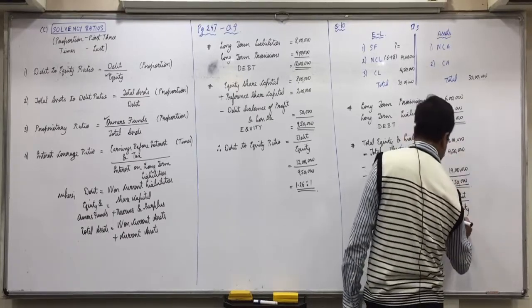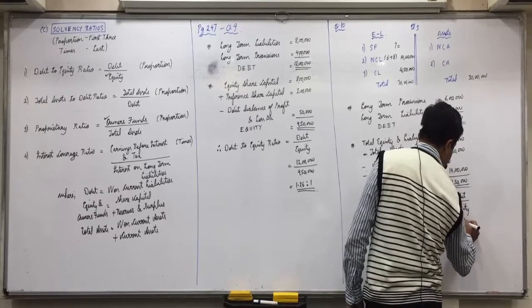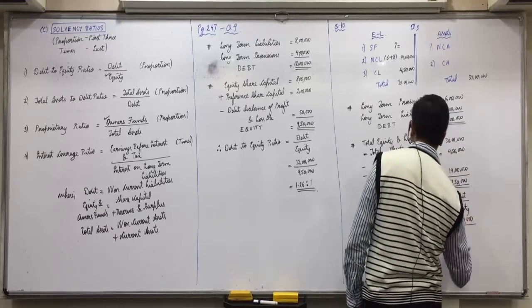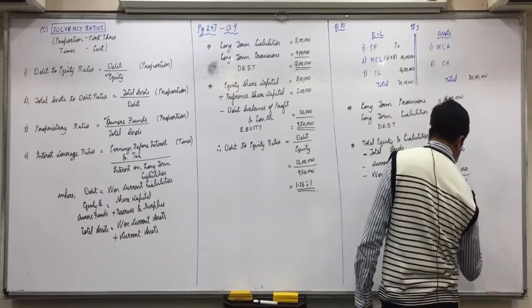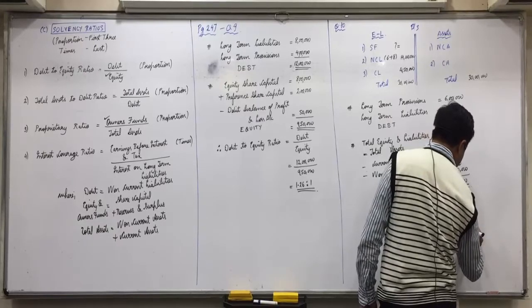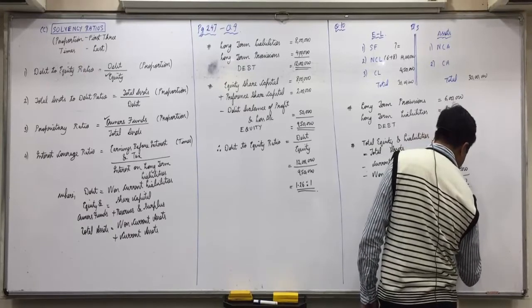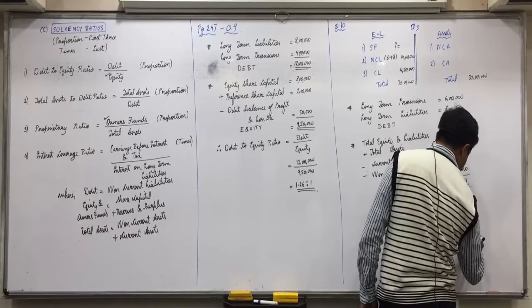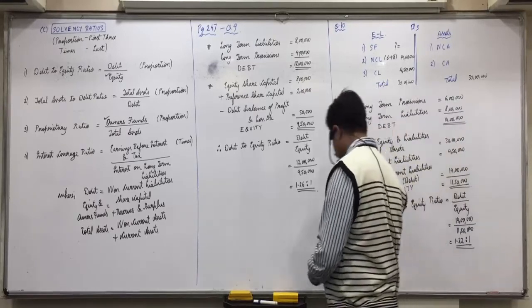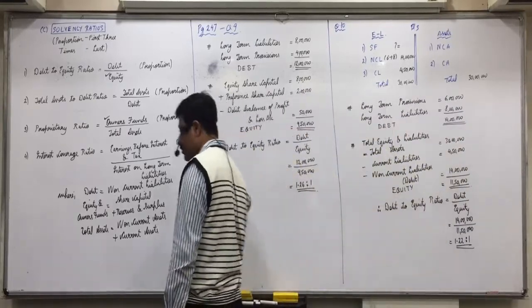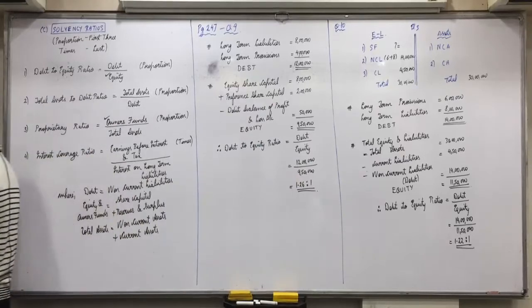Debt, that is 14 lakhs, divided by equity 11,50,000. 1.22. 1.22 is to 1. Did you understand this, everyone? Anyone having any doubt in this?